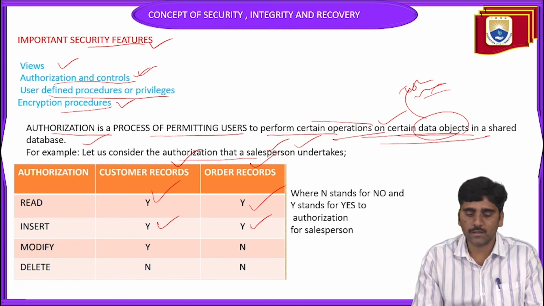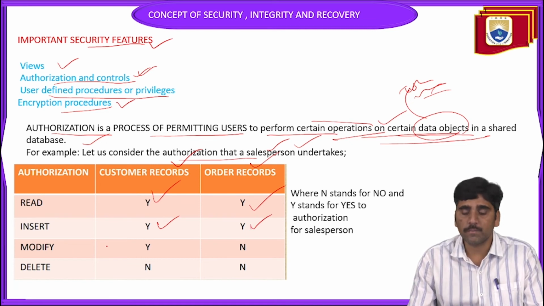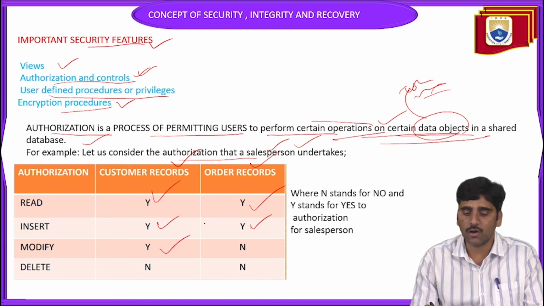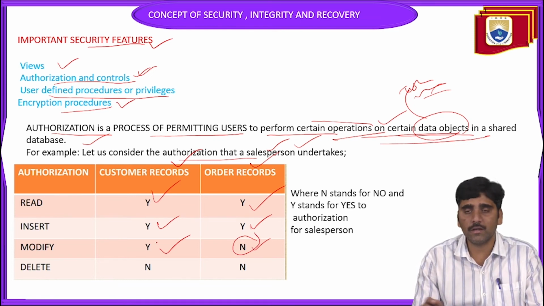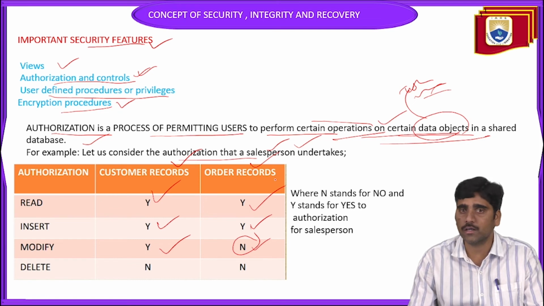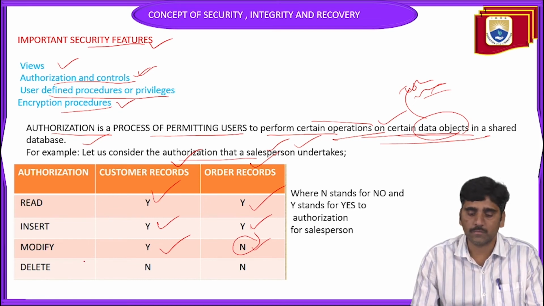And the salesperson can have the permission to modify the data. Yes, but a salesperson cannot modify the order records. He can modify the customer records, but he cannot modify the order records. Similarly, delete. Can the salesperson delete the customer records?